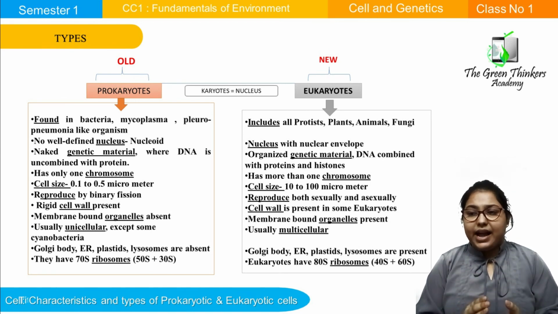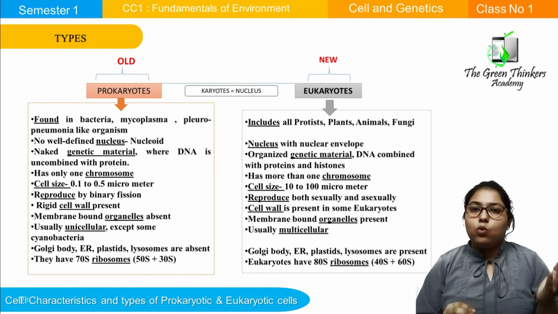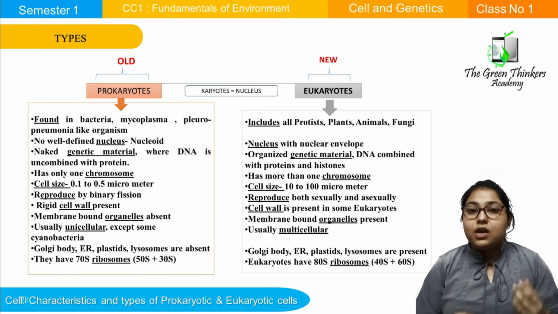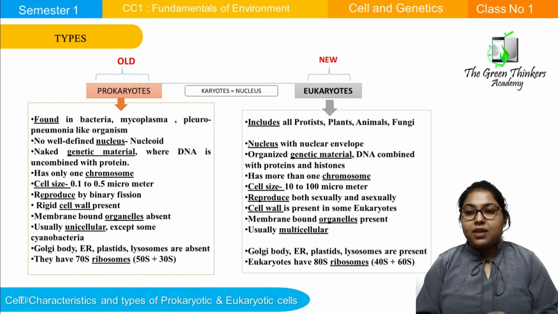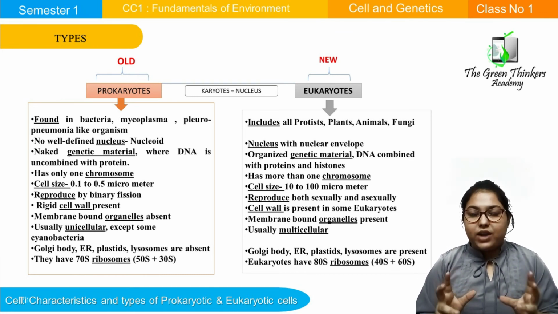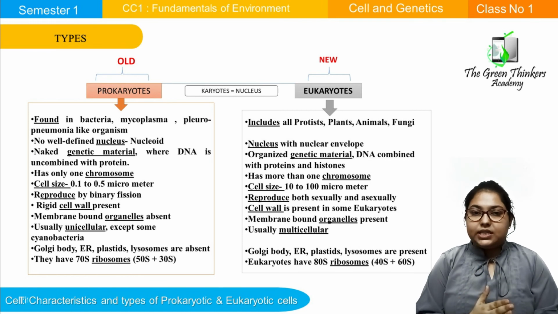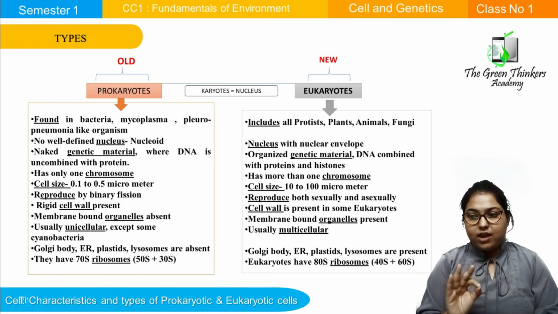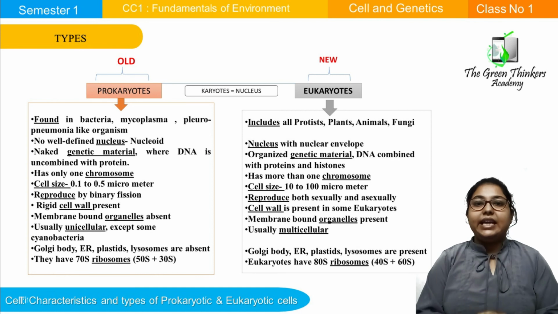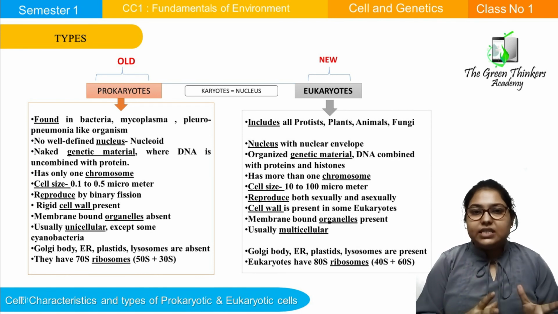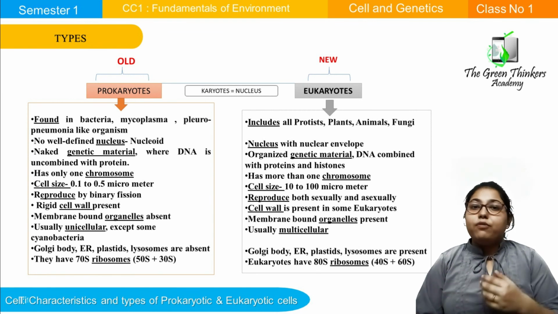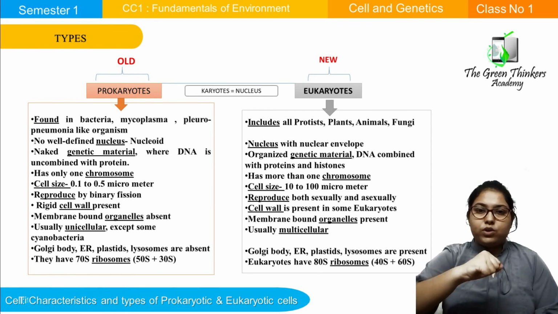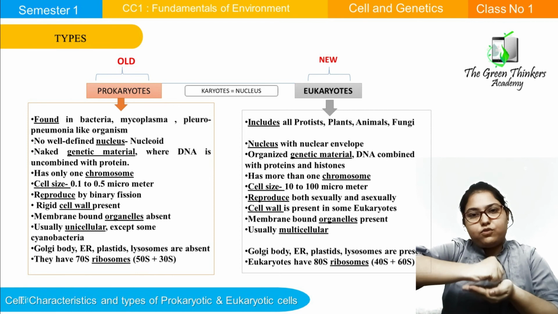You can say that the old ones were not developed, and the new ones are developed with the presence of all these organelles. Then we have the ribosome. Prokaryotes have a 70S ribosome and eukaryotes have an 80S ribosome. So what is this 70S and 80S? Basically the ribosome is made up of two units. You can see it like this kind of structure.